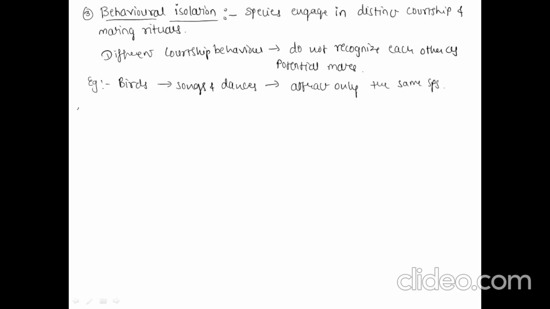Now we'll see the fourth type of pre-mating isolating mechanism, that is mechanical isolation. It is a type of reproductive isolation where isolation is due to the incompatibility between reproductive organs.